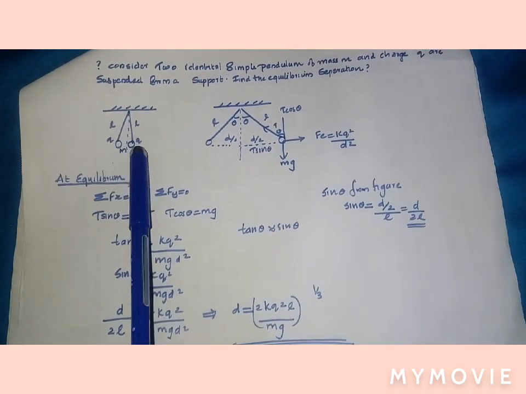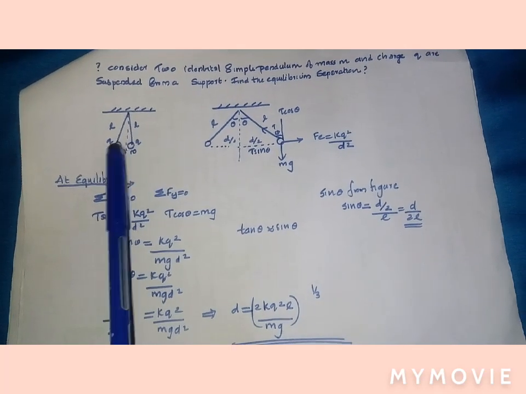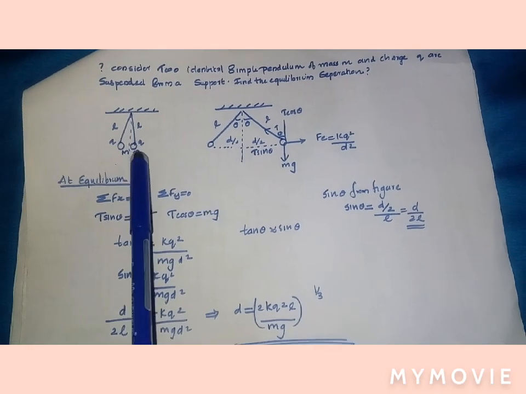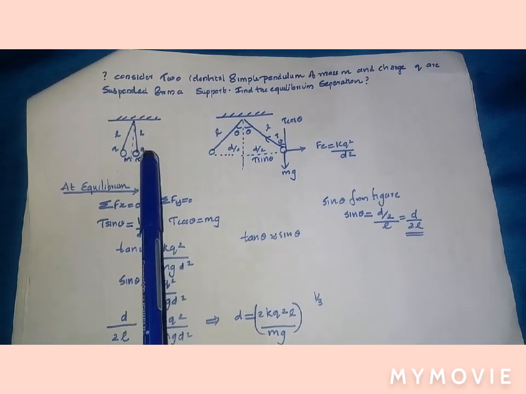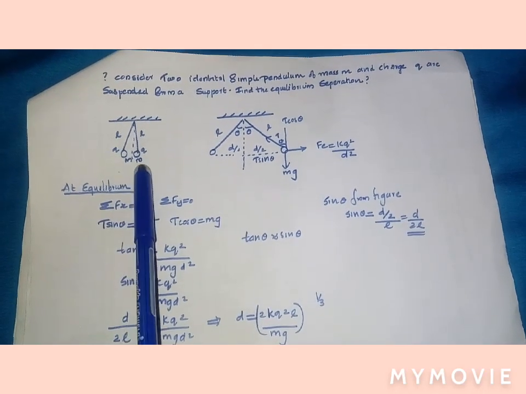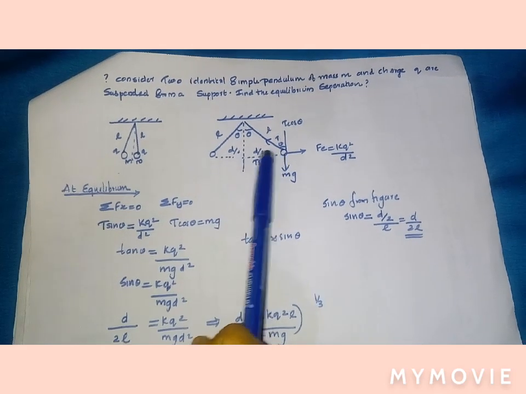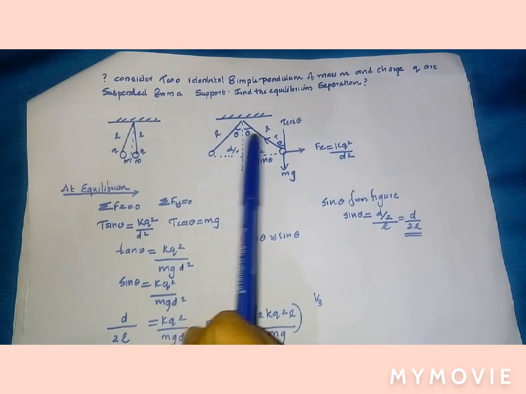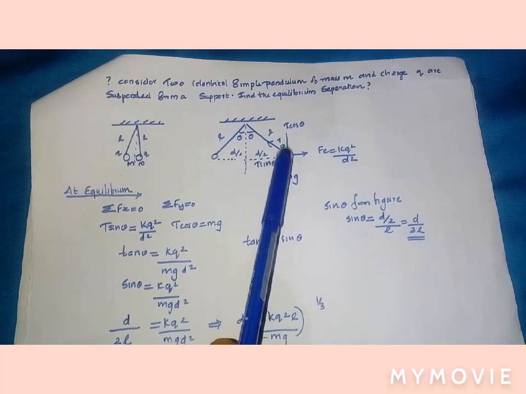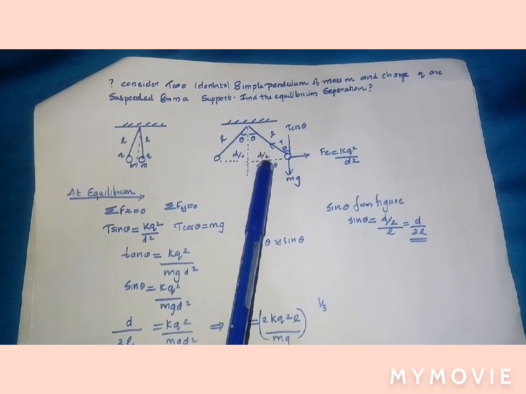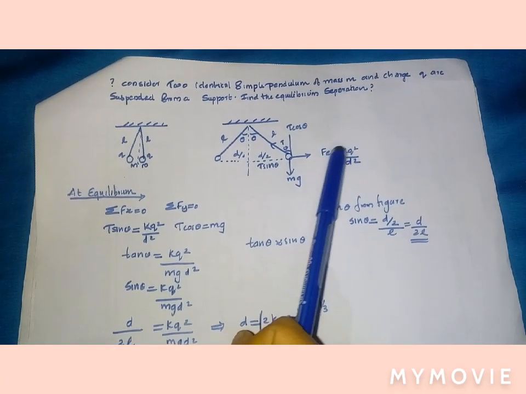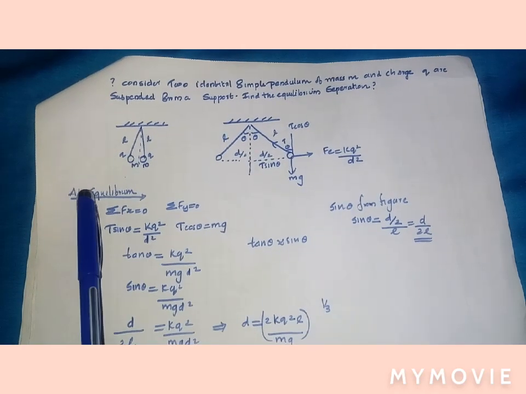Here the figure is like this: two identical simple pendulums of charge q, mass m, length l. We know that after some time, because of the forces on these pendulums, there is an equilibrium separation d, with angle theta. The force experienced on a pendulum is a repulsion due to charges, that is F equal to kq square divided by d square.